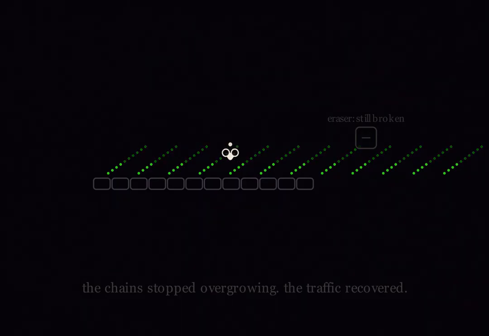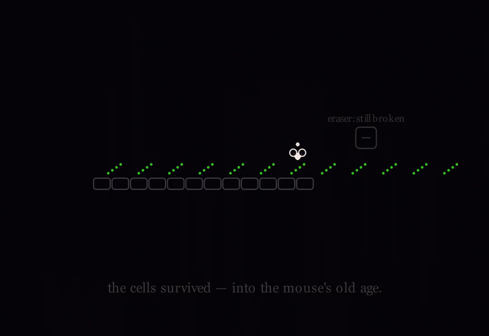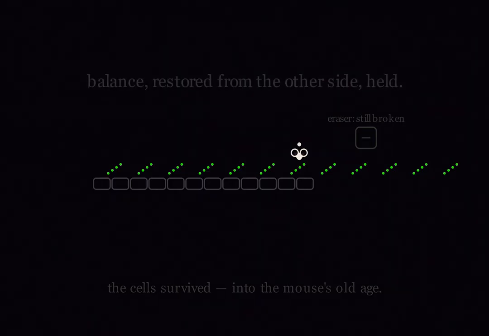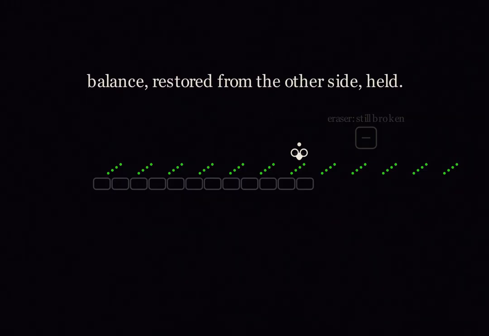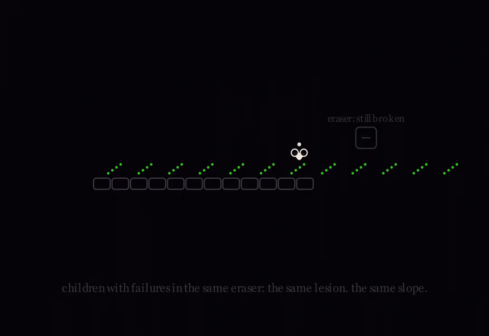The eraser stayed broken, but with the writer's hand slowed, the chains stopped overgrowing, the traffic recovered, and the Purkinje cells survived, not for a week, not for a reprieve, but into the mouse's old age. Balance, restored from the other side, held.